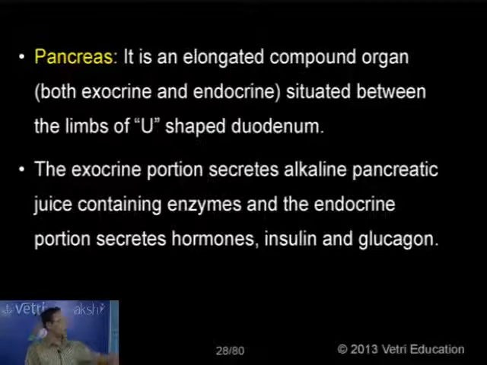The exocrine portion mainly secretes alkaline pancreatic juice. Don't forget it is alkaline. Except for the stomach's gastric juice, all others are alkaline. Then the endocrine portion secretes two hormones, which you know very well: insulin and glucagon. So it is a compound gland, functioning as both exocrine and endocrine.